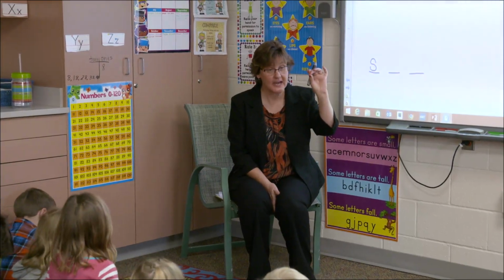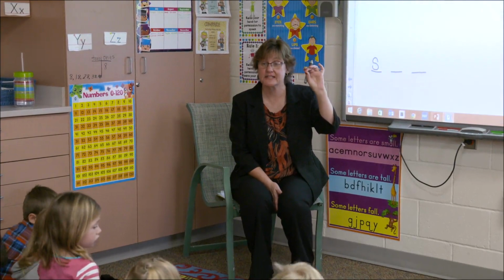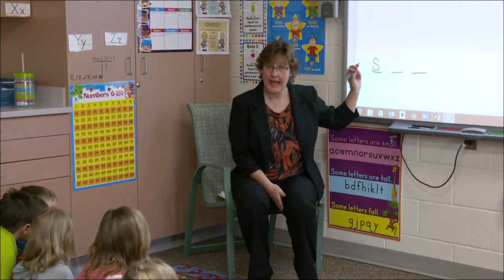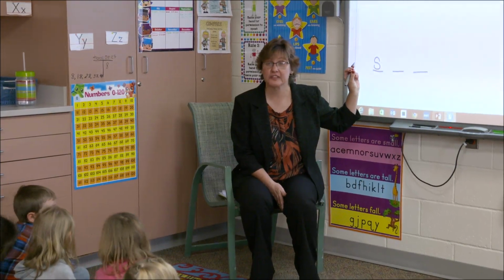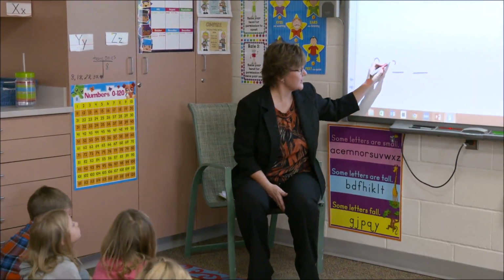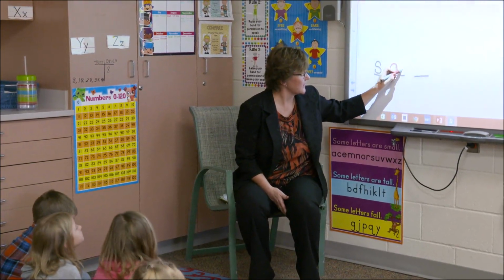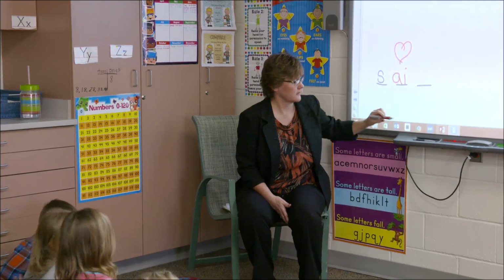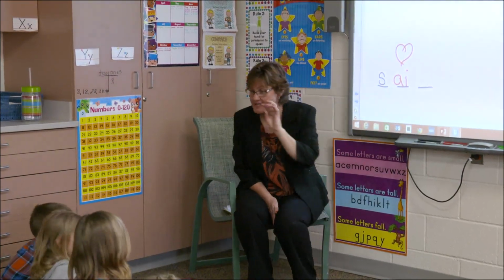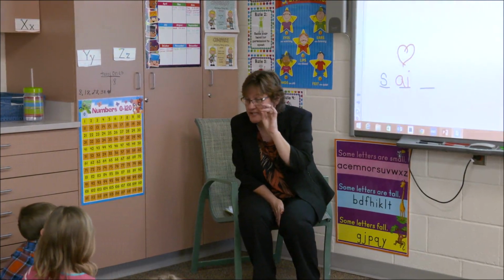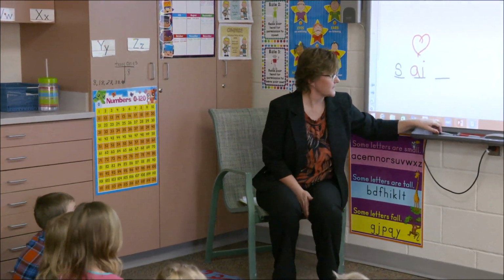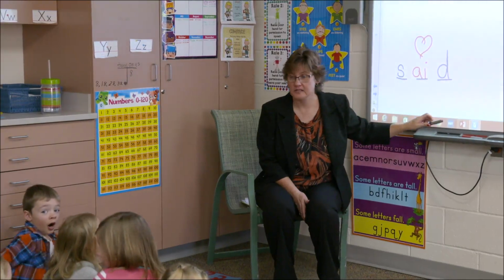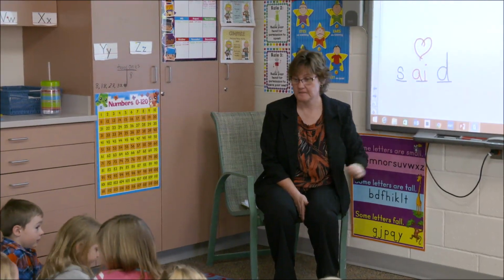The next sound in the word said is eh, and this is an old part of the word. Normally eh is spelled with E, but in the word said, because it's old, it is A-I, and this is the heart part of the word, okay? The last sound in the word said is D, D. So Mrs. Ehlers will write a D for the D sound in said.